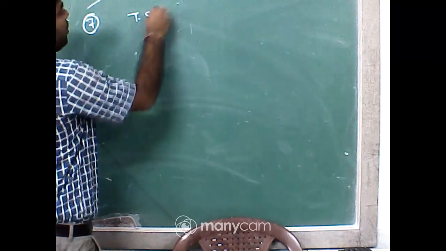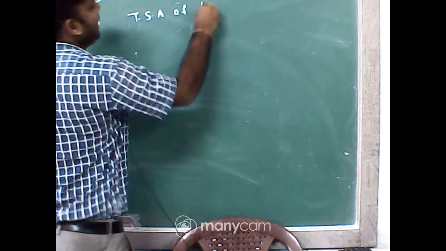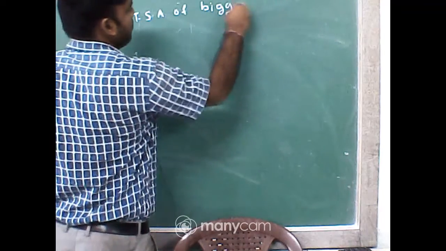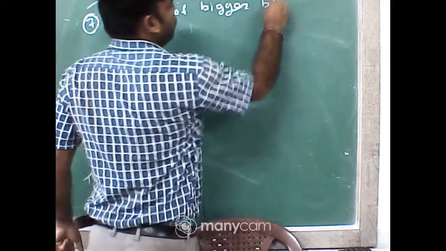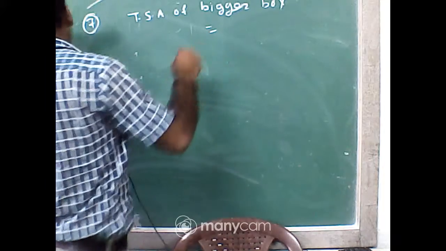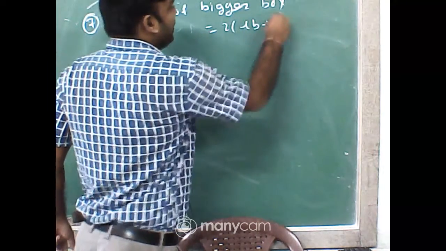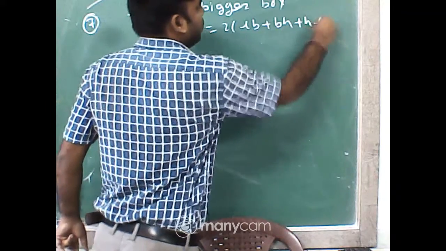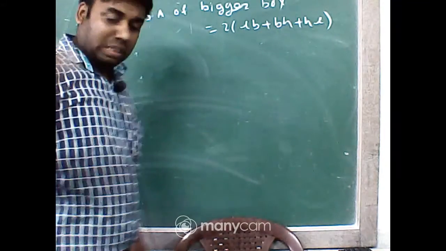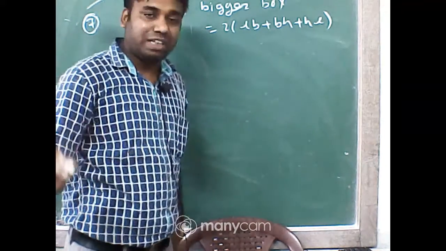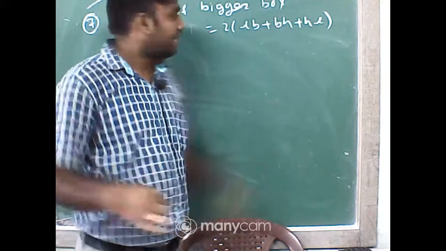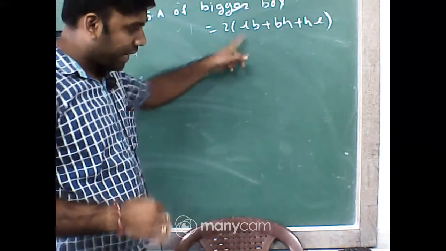First, what will be the total surface area of the bigger box? That is 2 into LB plus BH plus HL. As length, breadth, height are 3 different measures, it must be a cuboid. That is the formula of total surface area of a cuboid. Any problem up to this?